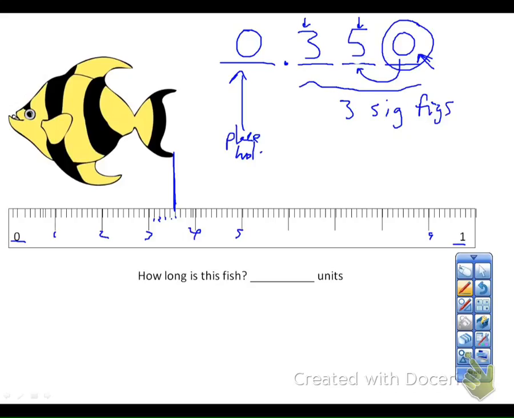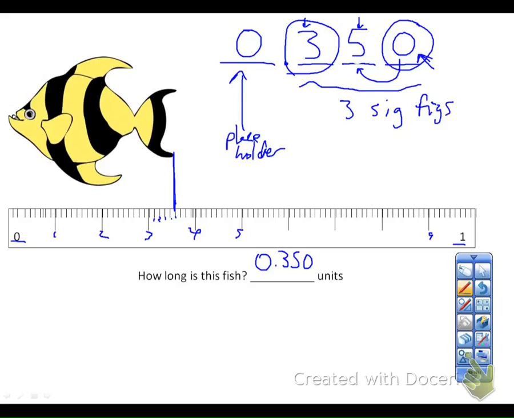We're not measuring 0 value, we're saying there wasn't enough length there to even register. So that is a placeholding 0. Remember, the rules say don't start counting sig figs until you get to the first number. In terms of measurement, that's the first readable quantity. So let's fill this in. Our fish this time was 0.350 units.